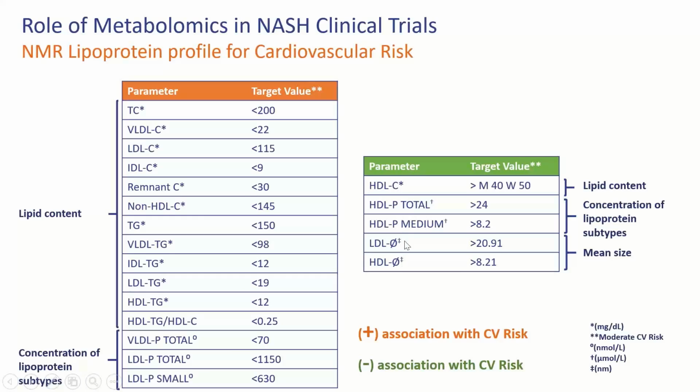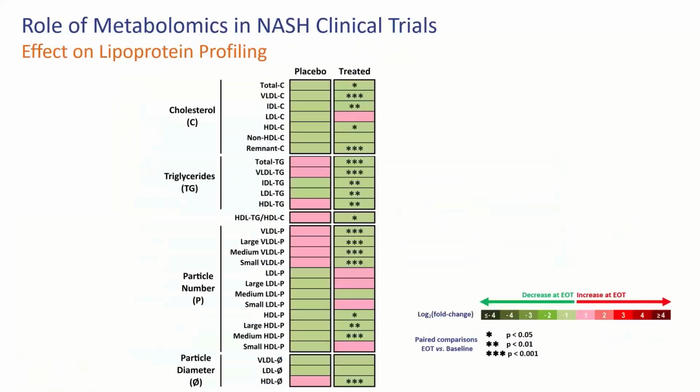I'm going to show what happened in our phase 2 trial. It's a real case, a different trial than the one before, in which you can now see how placebo is not touching the main lipids, and how your drug is modifying significantly most of the lipid parameters that are involved with cardiovascular risk.